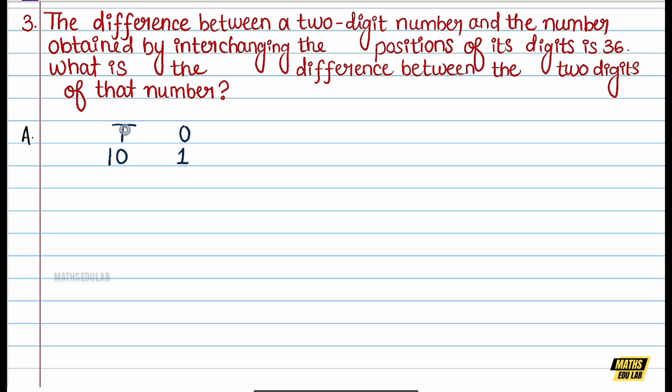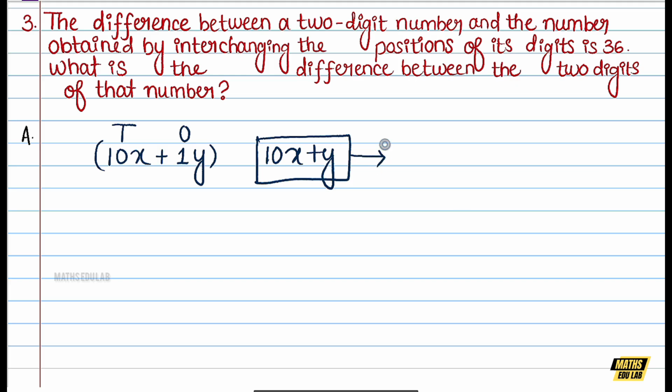In the tens digit we will have x and in the ones digit we will have y. So I can write this as 10x plus y. Then it is said the difference between the two-digit number and the number obtained by interchanging the position.